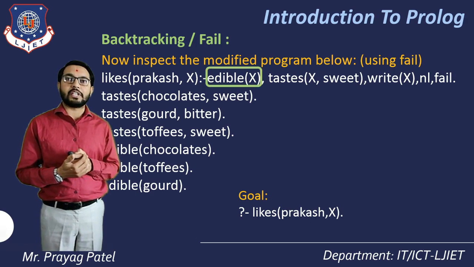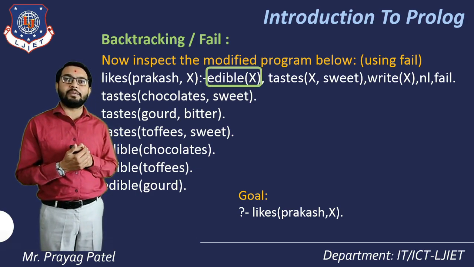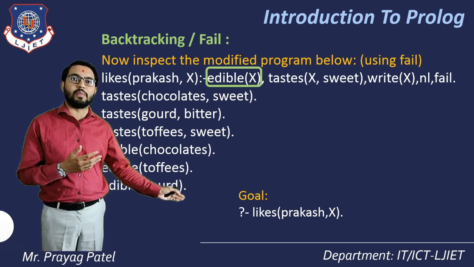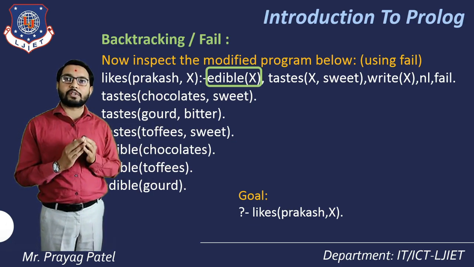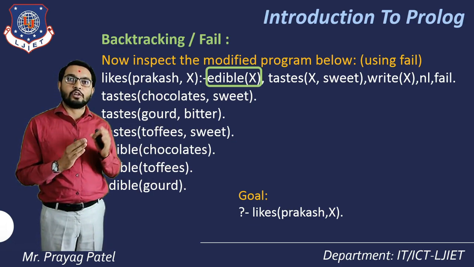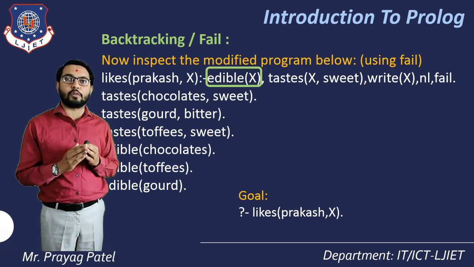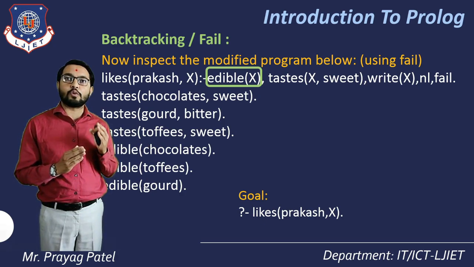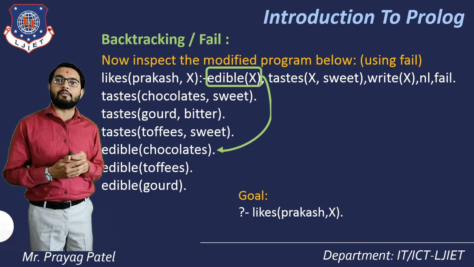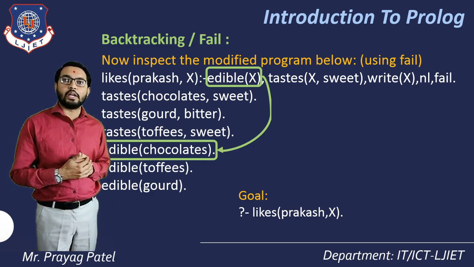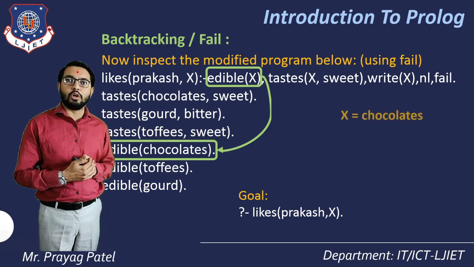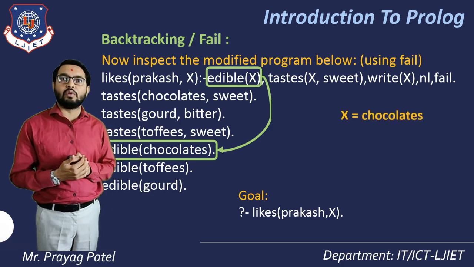For that we check the process from the right side of the first statement, because here we first match likes Prakash x. This statement matches the first statement, Prakash likes x. The right side of this first statement is edible x. So first check the edible x rule, and the first matching rule is edible chocolate. So consider this rule as chocolate and the value of x equal to chocolate.